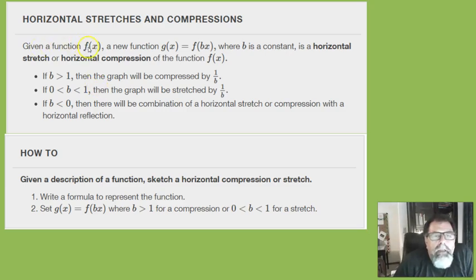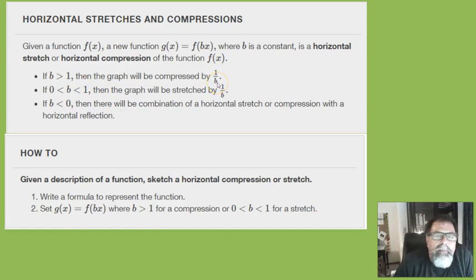Given a function f of x, a new function g of x equals f of b times x inside the parentheses here, where b is a constant, is a horizontal stretch or compression of the function f of x. If b is greater than 1, then the graph will be compressed by 1 divided by b.